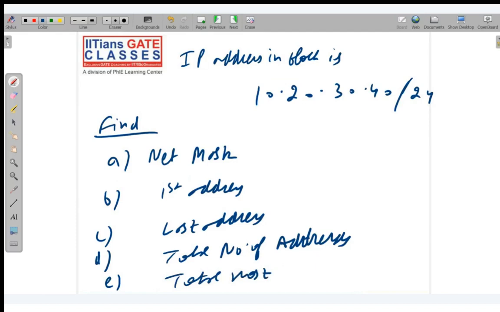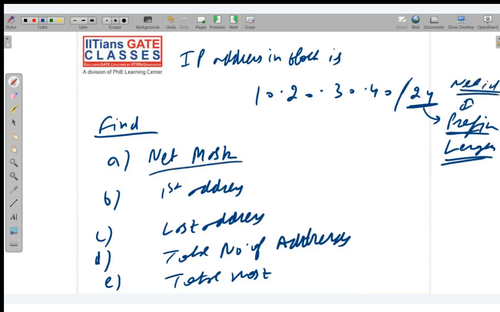This 24 means prefix length. Prefix is just like your net id. So net mask means net id all ones. That means 24 ones is the net mask, that is 255.255.255.0. So this 24 means 24 ones in the net mask.